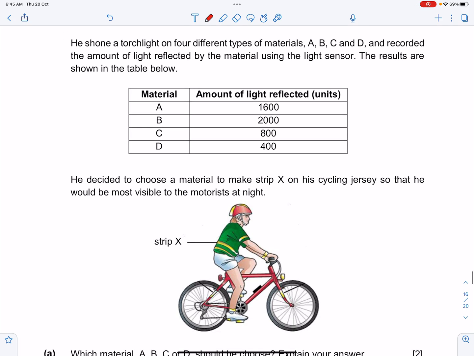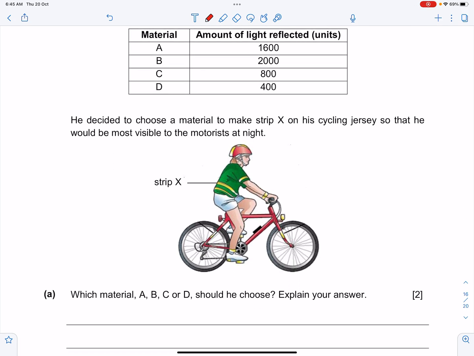Results are shown below. He decided to choose a material to make strip X on his bicycle jersey so that he can be most visible to motorists at night. Which material, A, B, C, or D, should he choose? Explain your answer.